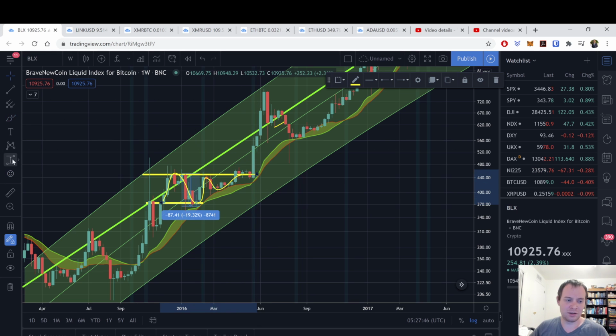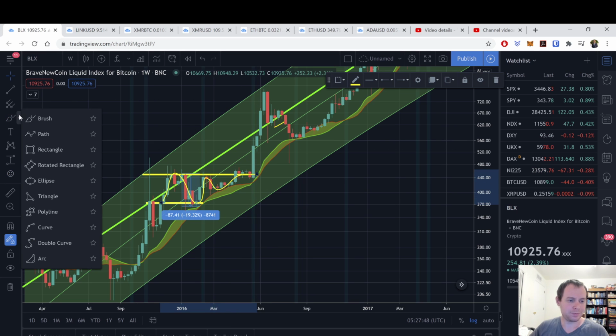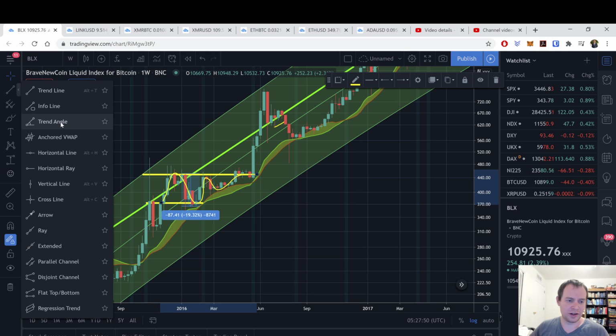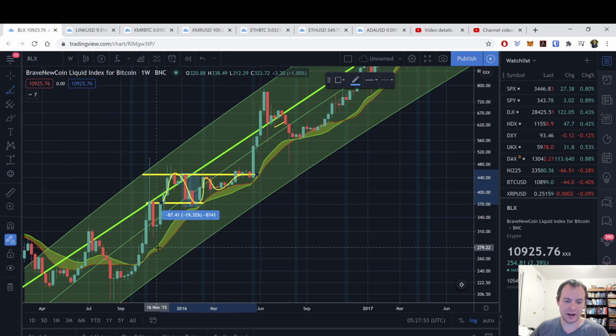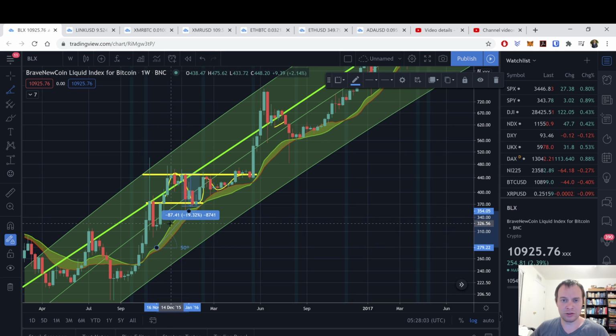Now, one of the things is if we were to take a trend angle, which of course will depend on your aspect ratio, and just draw up this main channel right here, you can see it's approximately 50 degrees. I'm just trying to draw it between the red and the green lines, which again are the 20-week SMA and the 21-week EMA.